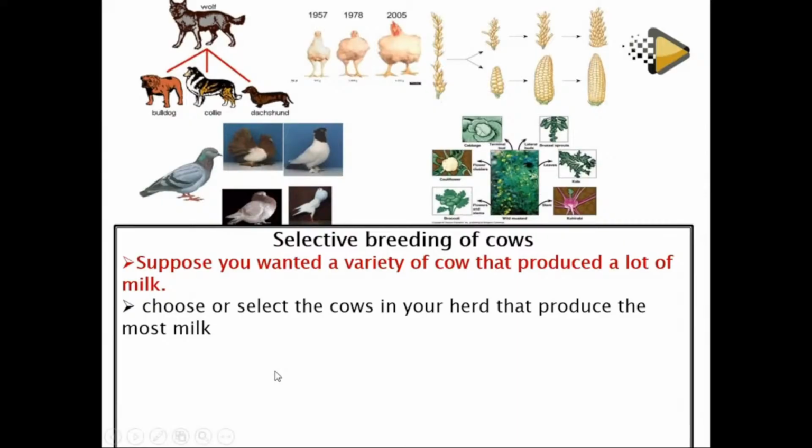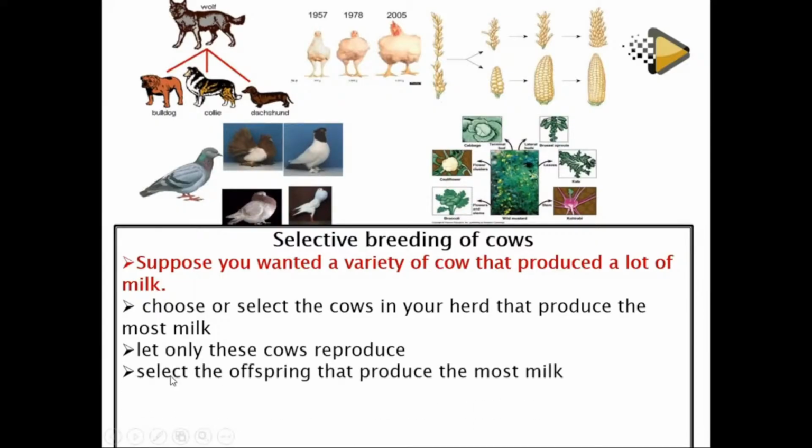Then you let these cows mate and reproduce, and they produce offspring. You select the offspring that produce the most milk. Those which can produce more milk, you keep them. You keep on selecting them until the genes become pure.